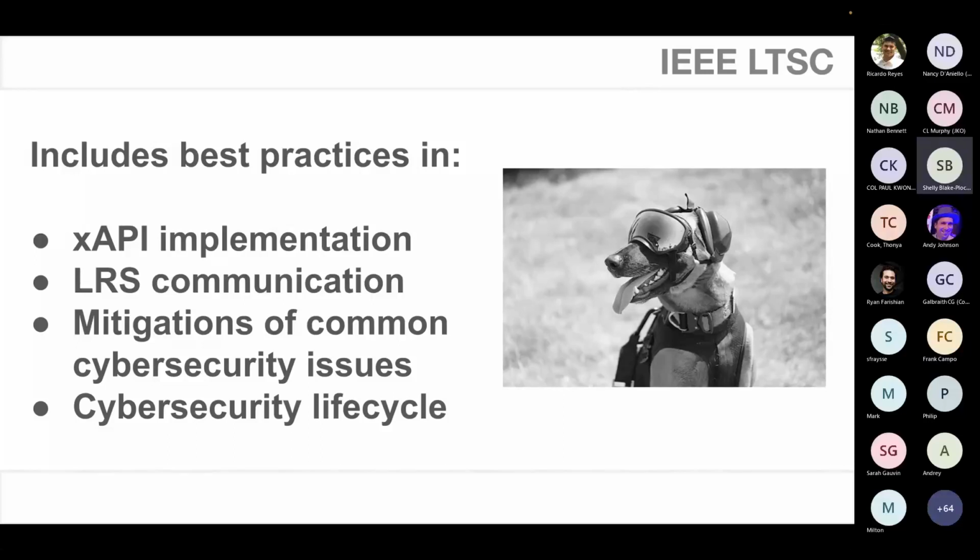Those resources were originally collected by a group within the ADL design cohorts for xAPI called xAPI Sec. xAPI Sec defined several of the common web communications protocols that were best practices in relation to cybersecurity that xAPI implementers would need to know about.